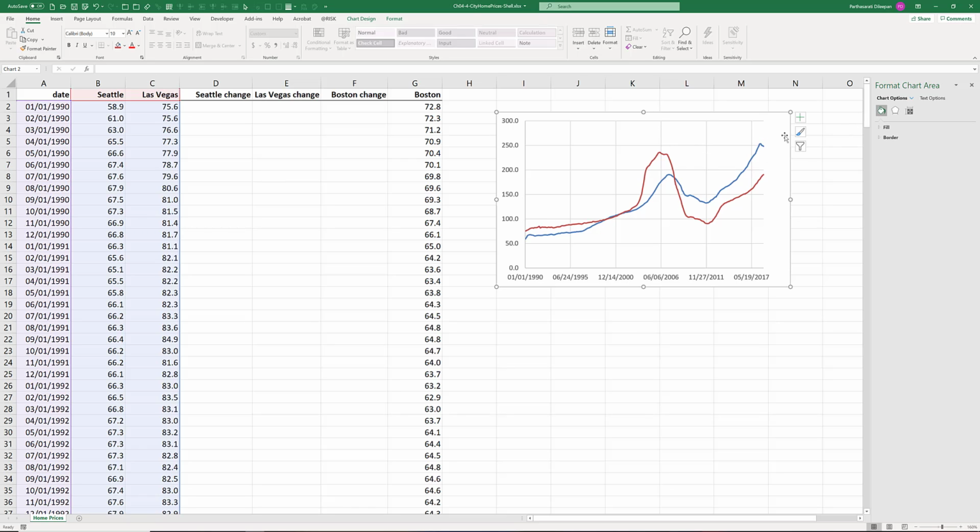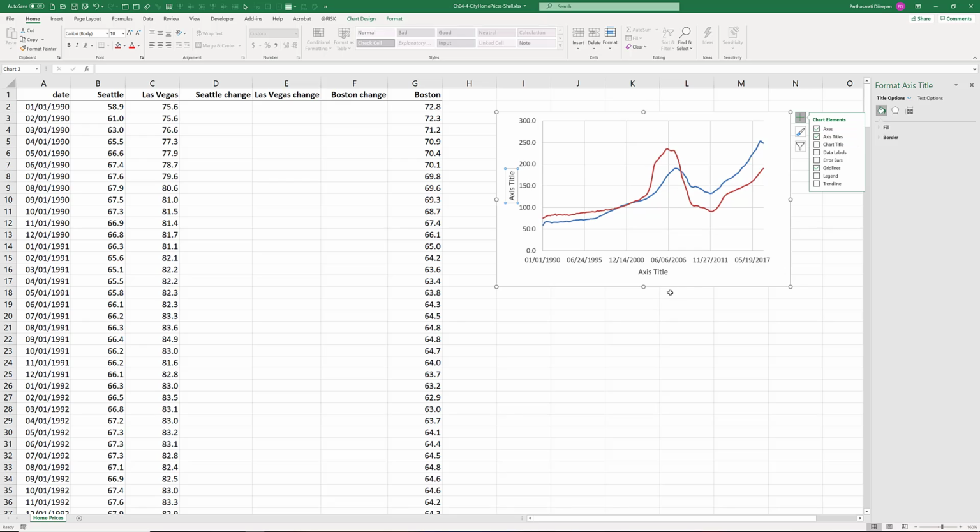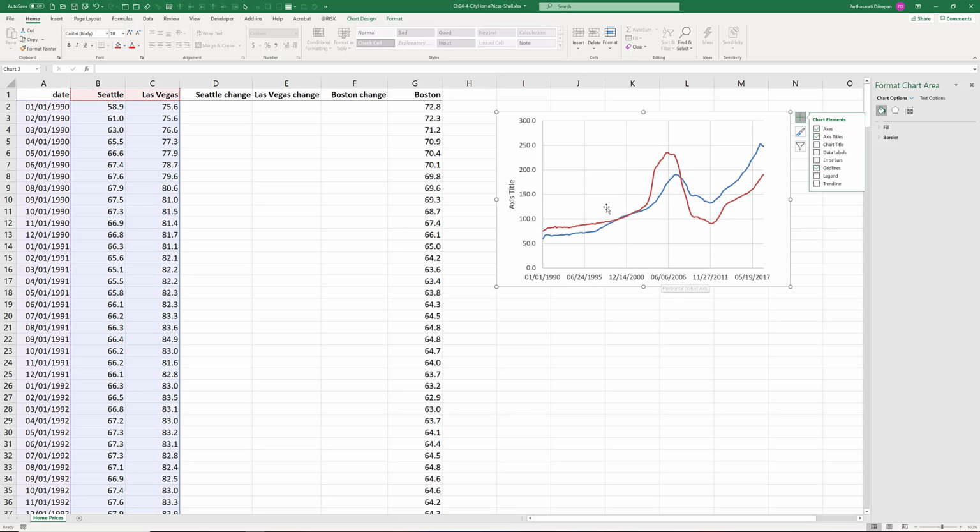Okay, and let's add titles. So here, of course, we don't need an x title because the dates are easily understandable. So this is home price. Let's call it indexed home price.